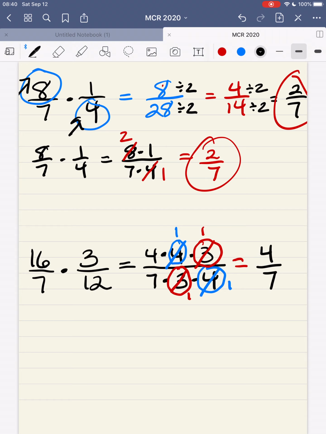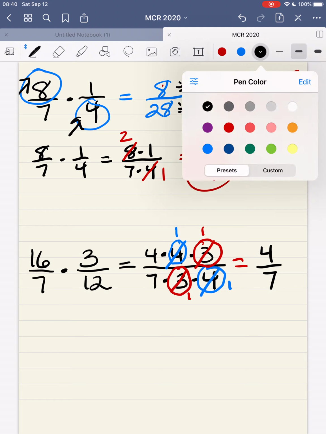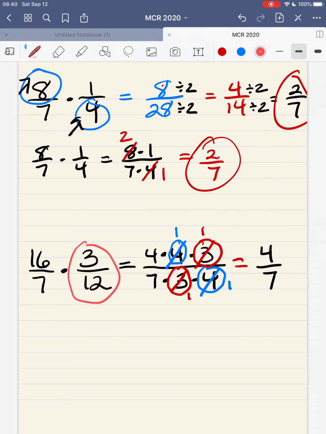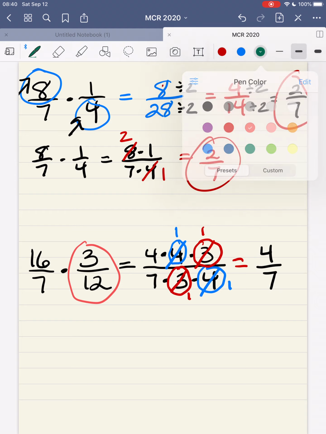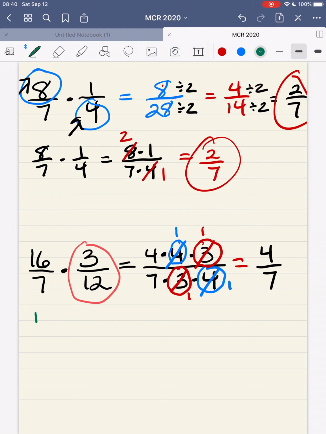I could have also gone ahead and simplified this fraction. Okay, so if I went ahead and did that, I would have 16 over 7 times 3, and this I would divide top and bottom by 3. 3 divided by 3 is 1. 12 divided by 3 is 4. This makes it a little bit smaller.